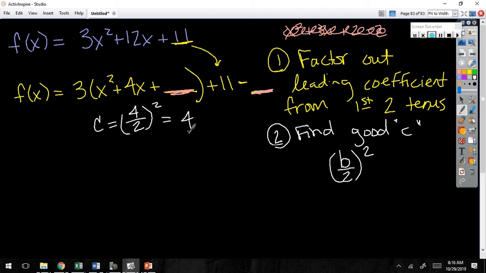Now here's where it starts to get a little bit more confusing. This to me is the hardest step of all of them. Okay? Once you find that good C, you add the C in parentheses. Okay, so it goes here. But remember, I have to subtract the same value. What value should I subtract?